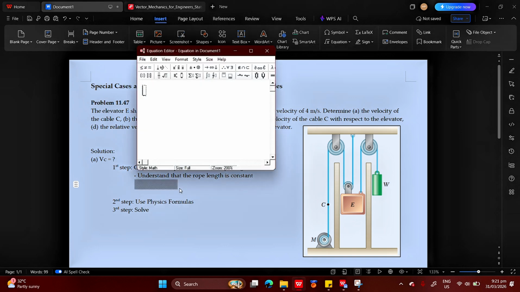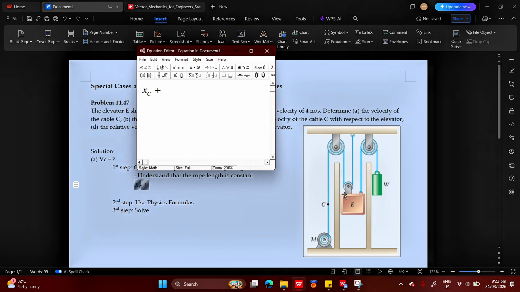So how do you write that? First, if you reckon point C from the ceiling, our length we can call x sub C. Even if point C goes upward, its length will still be called x sub C. We don't care. We're just reckoning the distance from the ceiling to point C. Then plus from the ceiling to point E. If point E is moving, this rope is not talking about point C, guys.